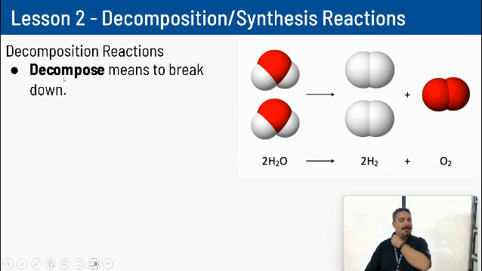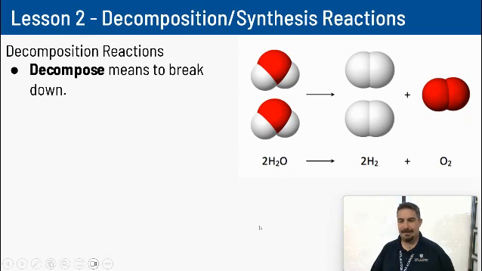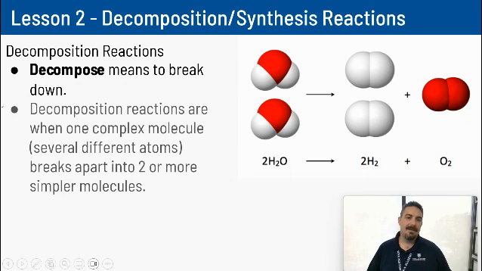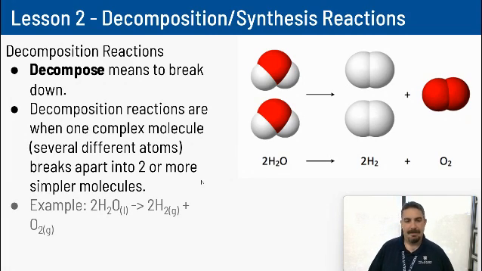Decompose means to break down, just like how when food decomposes, bacteria is breaking it into tiny pieces that are not the same, and they eat it, right? Decomposition reactions are when one complex molecule, with different kinds of atoms, breaks apart into two or more simpler molecules, right? We might be looking at simple ones right now, but it can be more complicated. And there's our example we've been using for a while, water turning into hydrogen and oxygen gas.